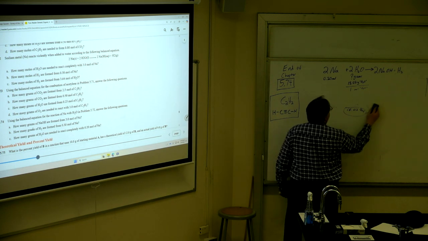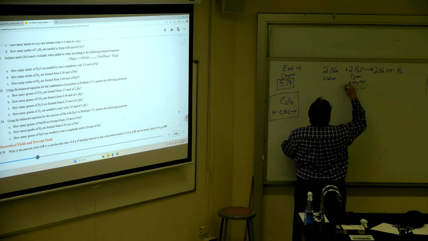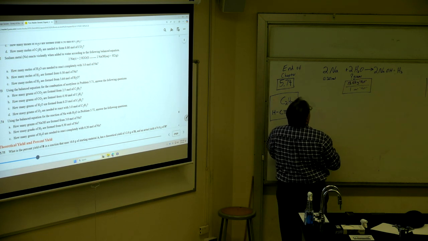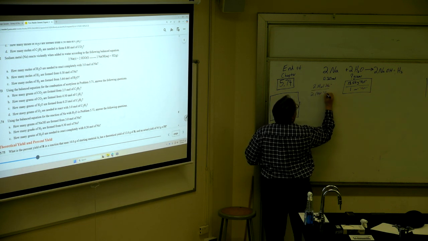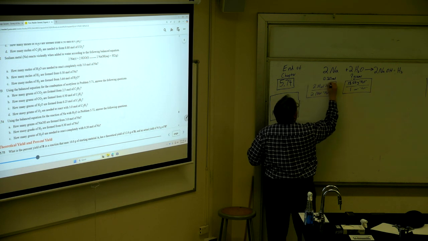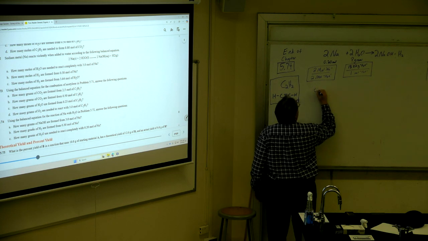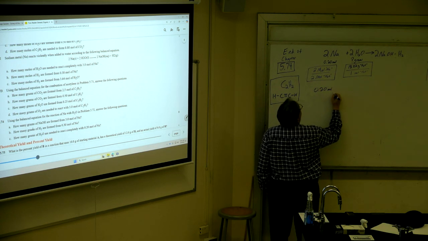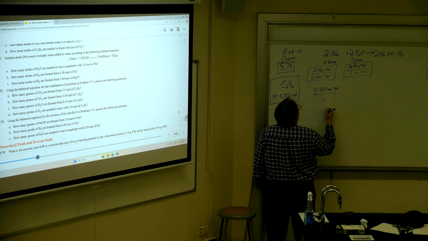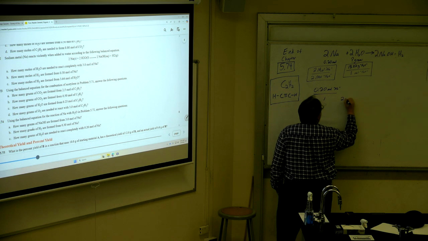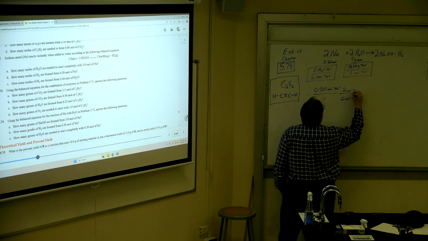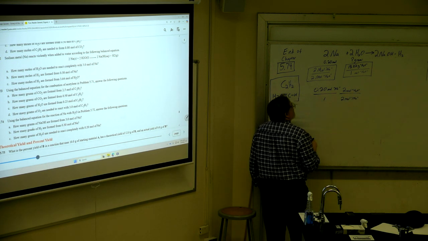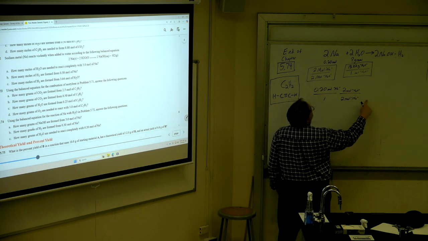So there's that. That we're going to need, and we're also going to need 2 moles of Na, 2. So we're going to need those 2 things. 0.20 moles of Na. Moles of Na is on the bottom, so 2 moles. Moles of H2O are on the top, so we're going to put moles on the bottom.